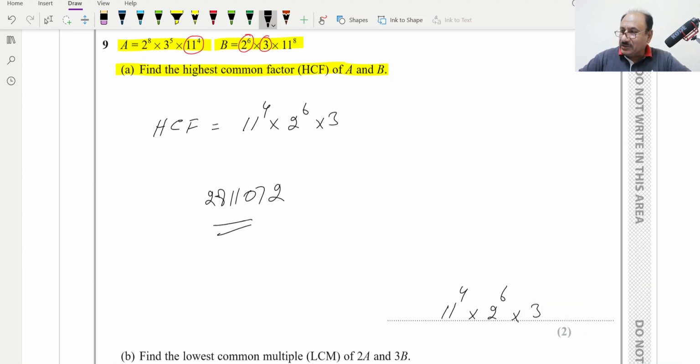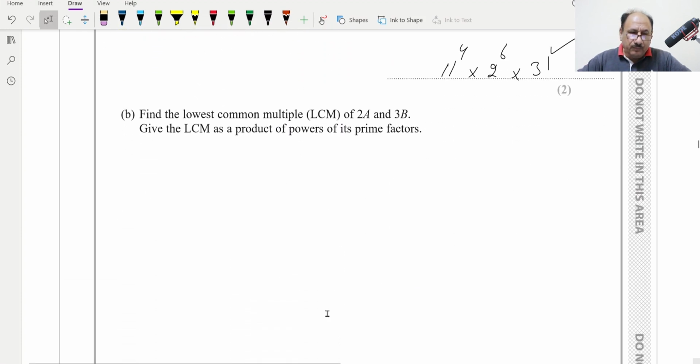You can provide this answer, or this is basically a better format. Now B part, they are saying find the least common multiple, LCM, of 2A and 3B.